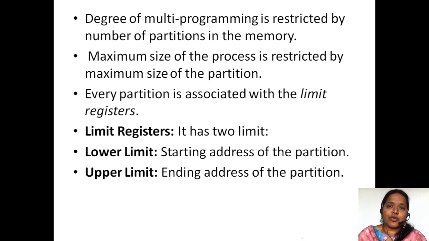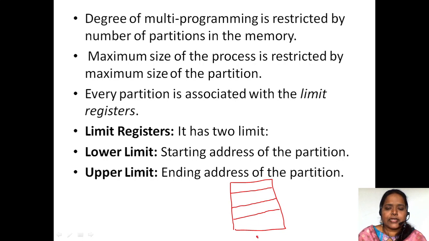Degree of multiprogramming is restricted. Why is the degree of multiprogramming restricted? Because, as I have said, here the main memory has been partitioned into 4 partitions, and I have processes P1, P2, P3, P4, P5 and P6.